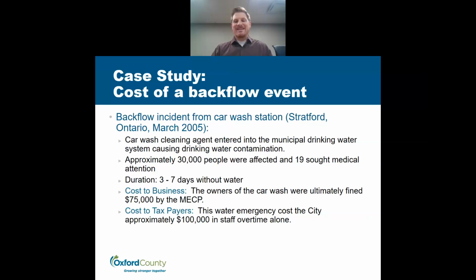In a 2008 MECP update, they cited more than 500 significant backflow events in North America in the last 30 years, 40 of which took place in Canada.